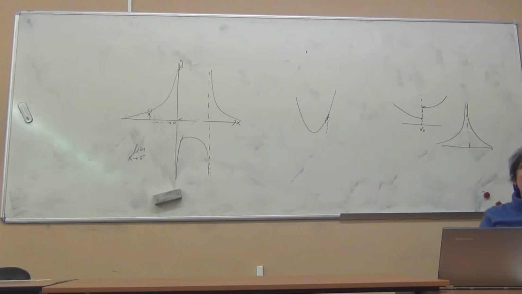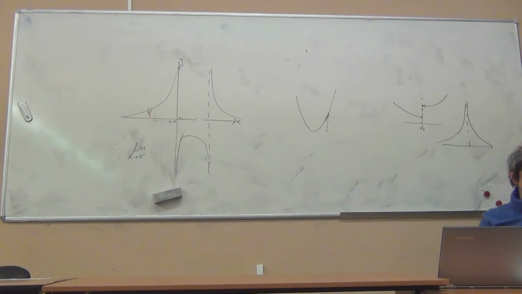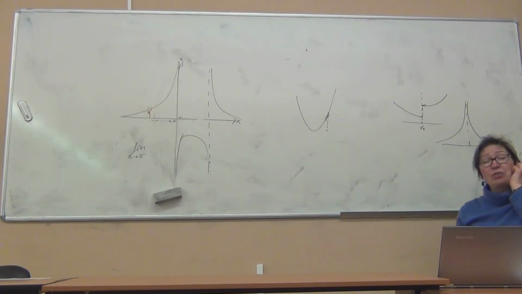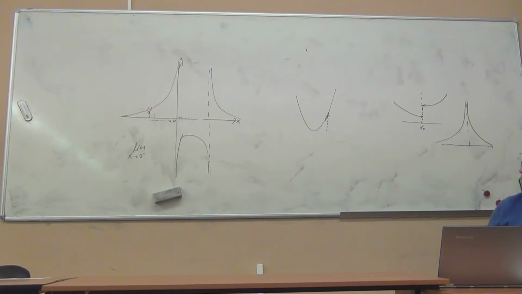Which obviously is not the case for the situation when x tends to infinity, because infinity cannot be approached from two sides. So that definition is slightly different. But for the finite values of x, three kinds of limits: from one side, from the other side, and if they both exist and are the same, then we call it simply the limit.